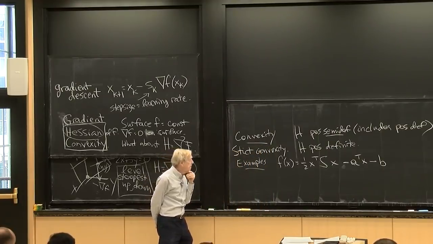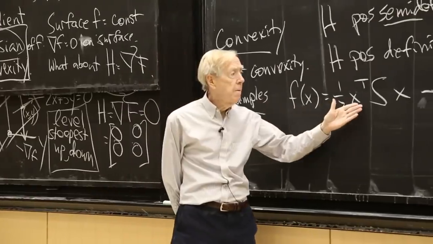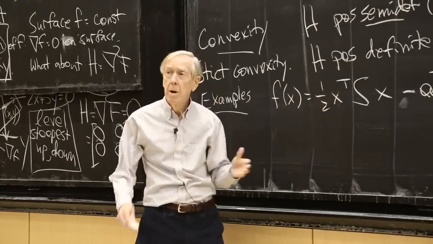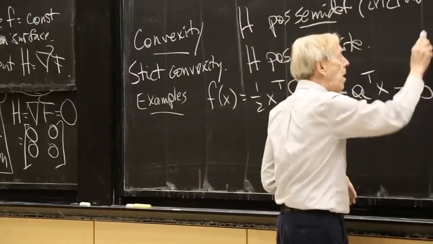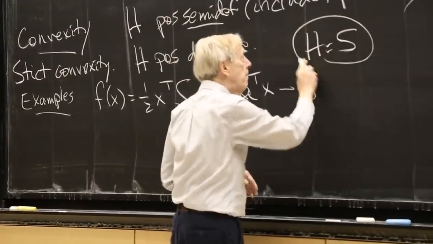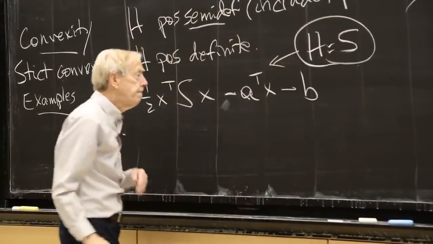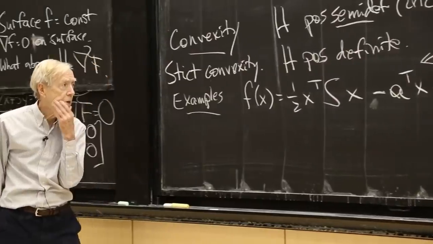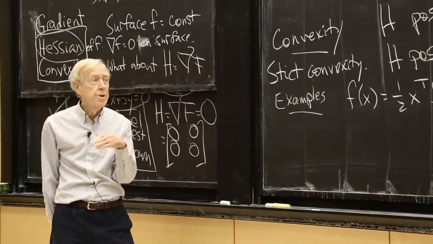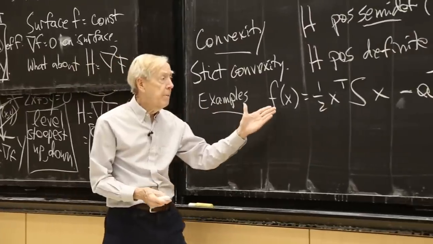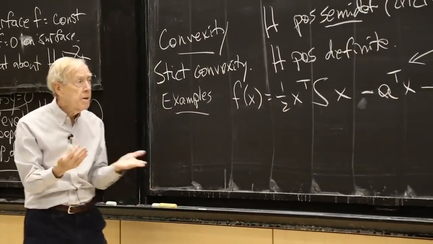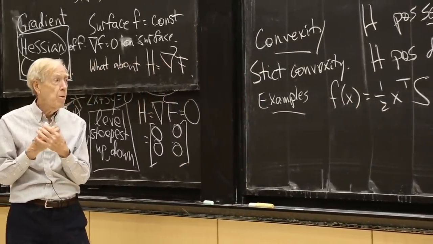So this function is strictly convex when S is positive definite, because H is now S for that function. For that function, usually H, the Hessian, is varying from point to point. The nice thing about the pure quadratic is it's constant. It's the same S at all points.